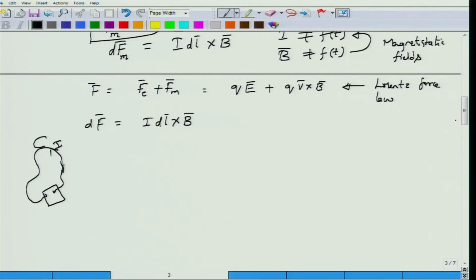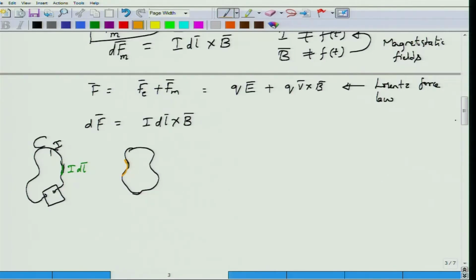We have considered the force because of only a small portion of this current carrying wire, and this portion is I dl. Then we found out what the force is if there is one more current carrying wire here, the force of this one onto the other current carrying wire.